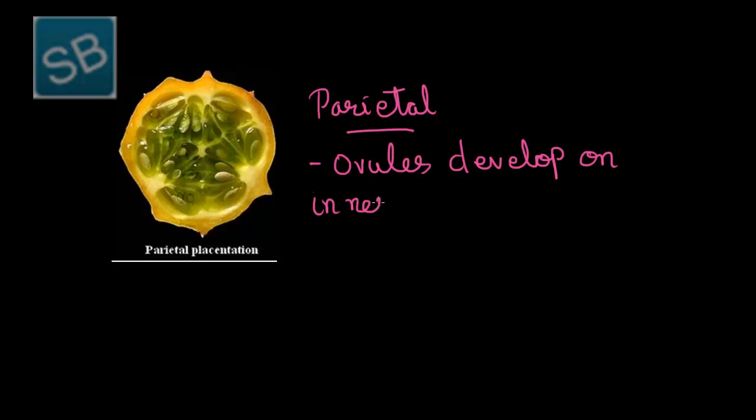The second type of placentation is parietal placentation. As it can be seen from the figure, the ovules develop on the inner wall in the periphery of the ovary.